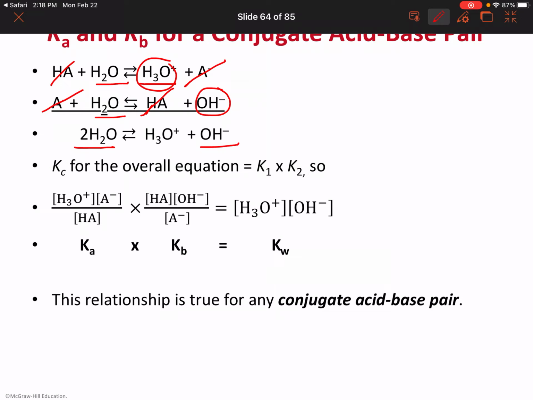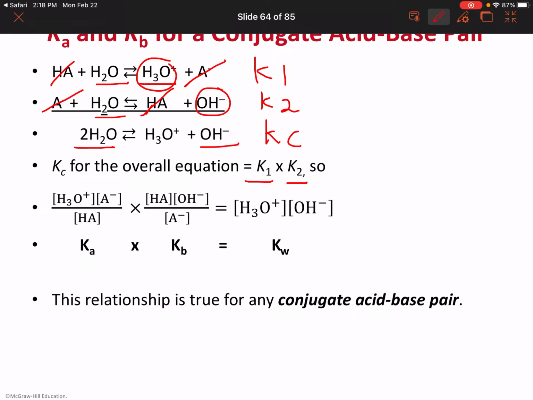If you look at the Kc for the overall equation, remember if you have two equations and you want to find out the Kc for the overall reaction, if this is K1, this is K2, from our previous section we know Kc is going to be K1 times K2.